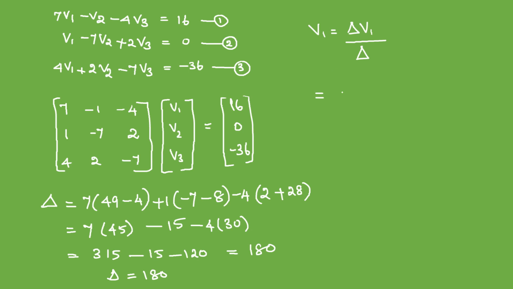So it can be written as, here it is 16, 0, minus 36. Then here you have minus 1, minus 7. This is 2. Then minus 4, 2, minus 7.